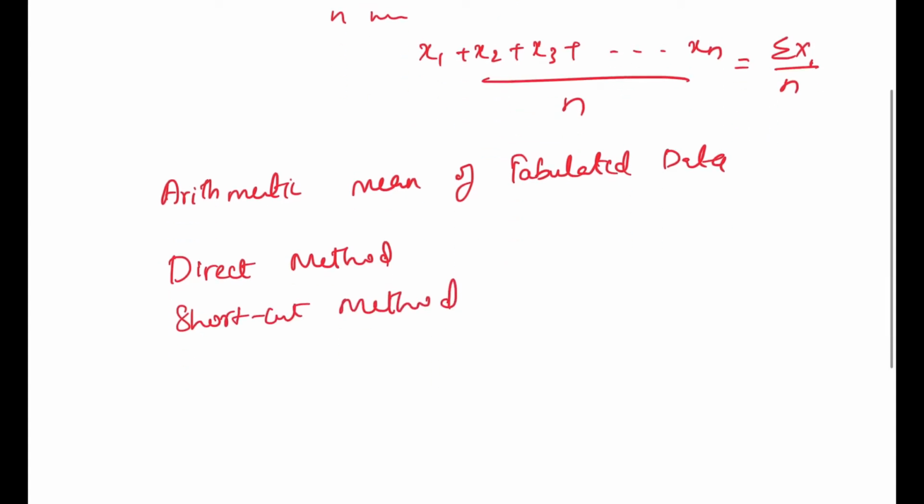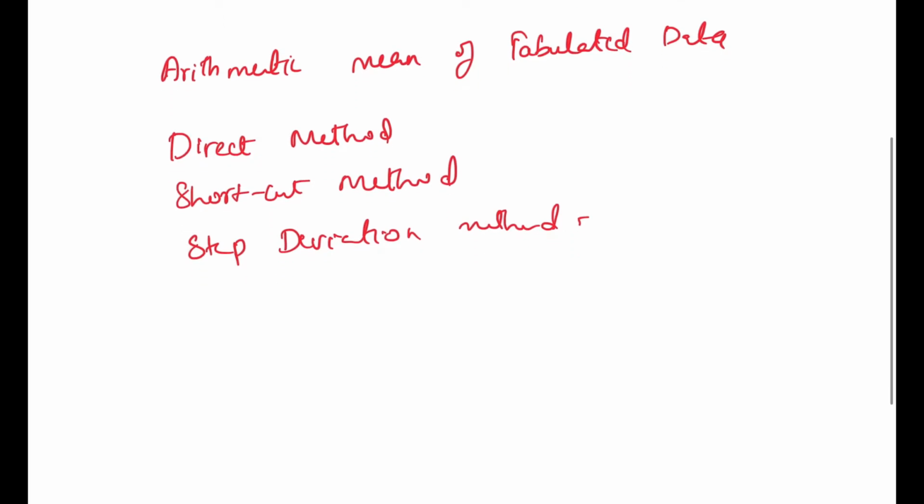And third one we have is the step deviation method. So we have different steps here. Please go through pages 352, 353 and 354 for more details on the methods. Here I'll just write down the formulas for the methods.